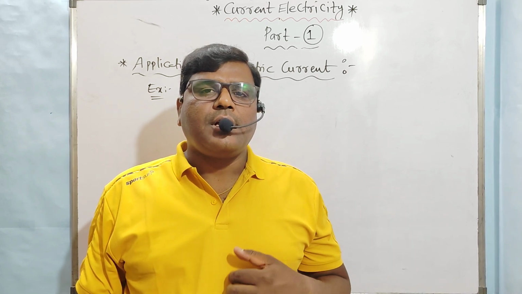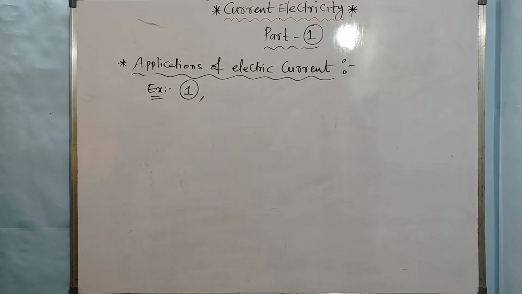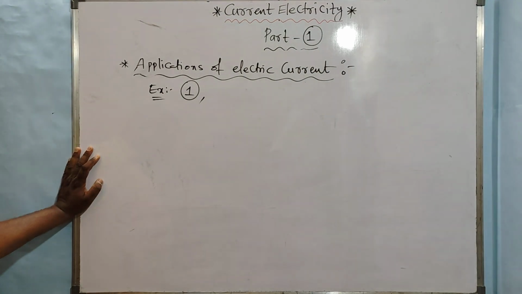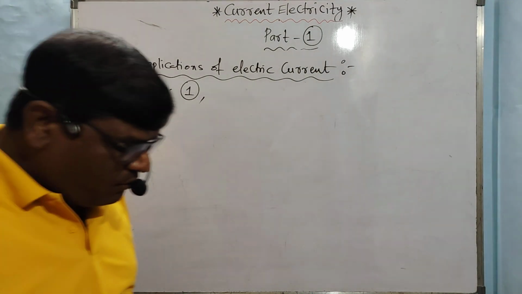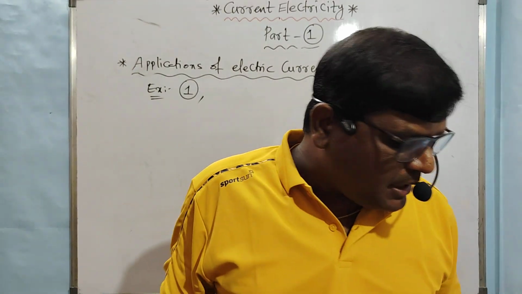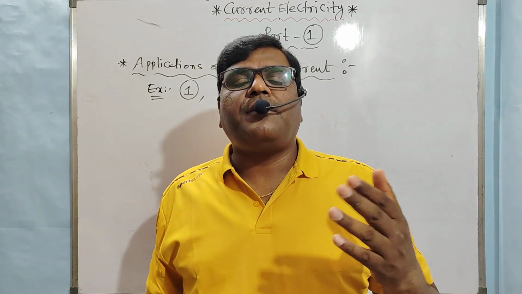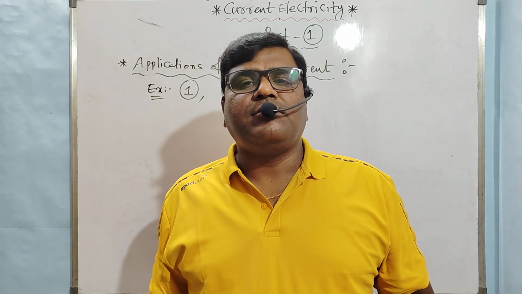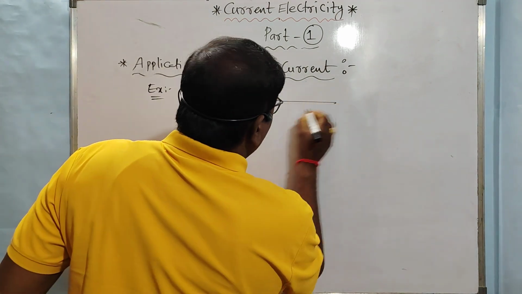Then they may ask what is the current, in a time interval of 1 second or 1 hour, whatever it may be. So time is equal to 1 second here. In a conductor, 10 to the power of 7 electrons per second are crossing. This is the one conductor.